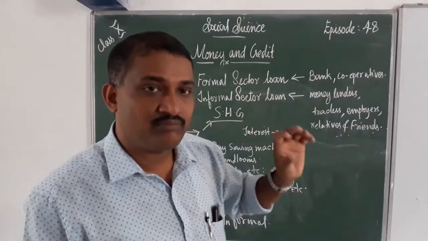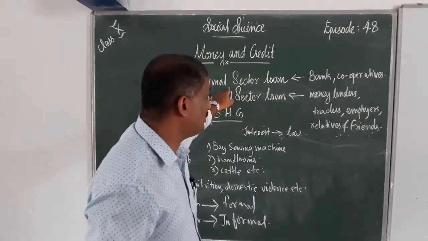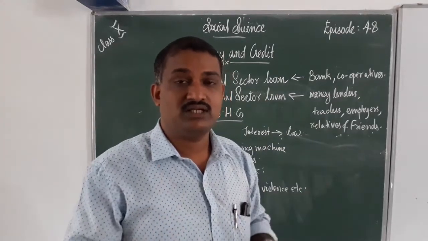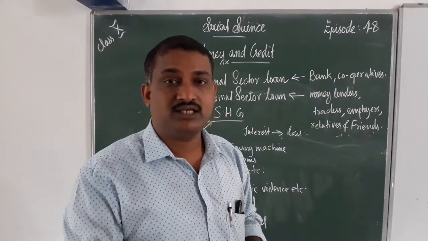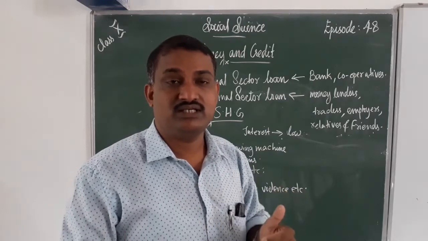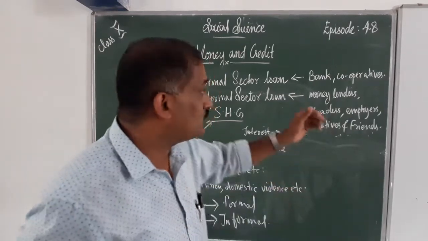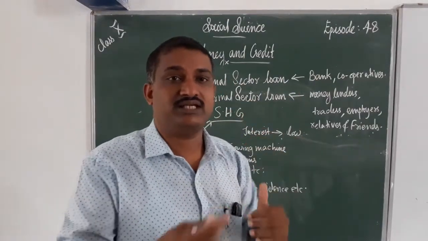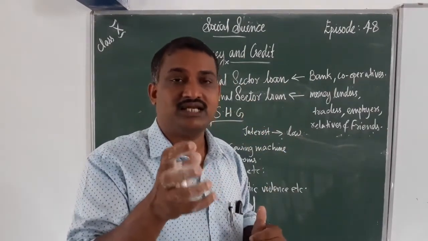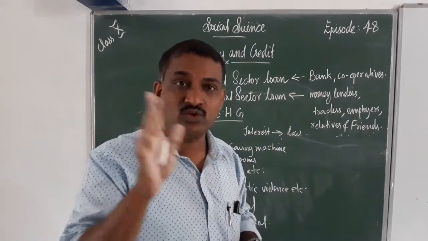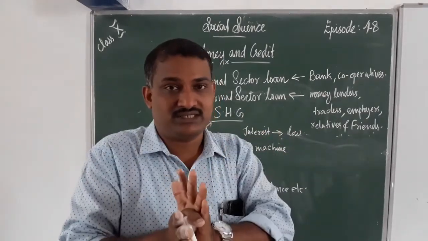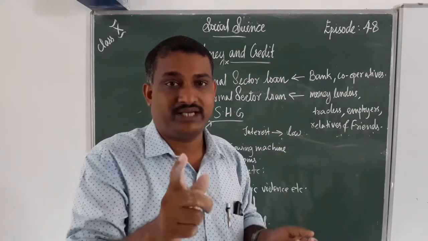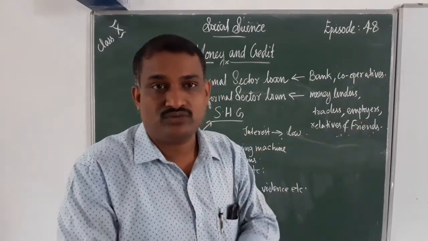So you mainly depend on formal sector loans only. You go to the bank, submit the collateral, and do all the documentation properly. Then you collect the loan, and you know that if you do not pay the amount, the bank will sell your asset. You know the terms and conditions, so you will repay the amount in time. So that will be secure for you.